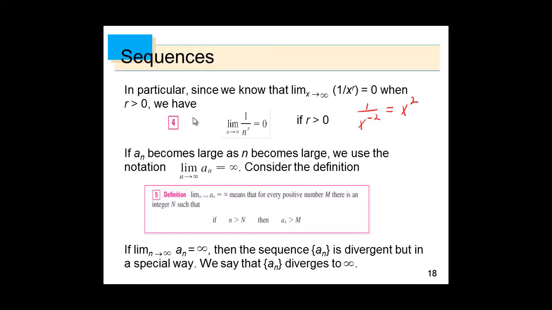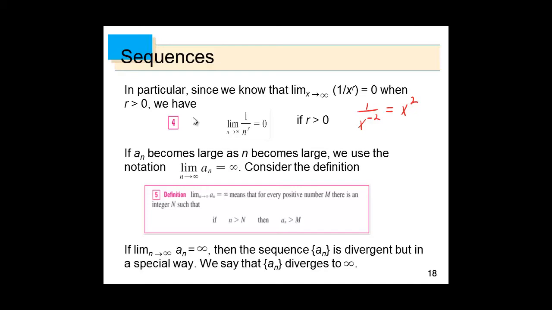But what do we mean when we say that the limit of the sequence a_n is infinity? What it means is that one of you, let's say, gives me a really large number m.